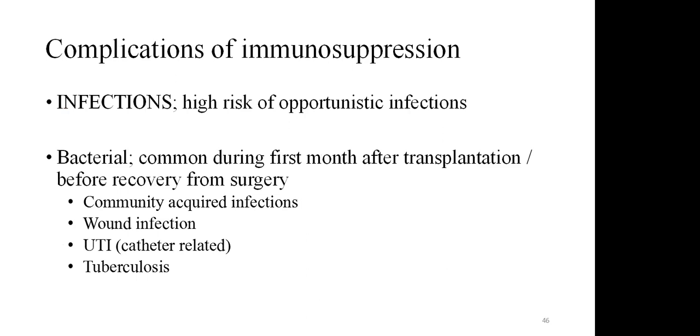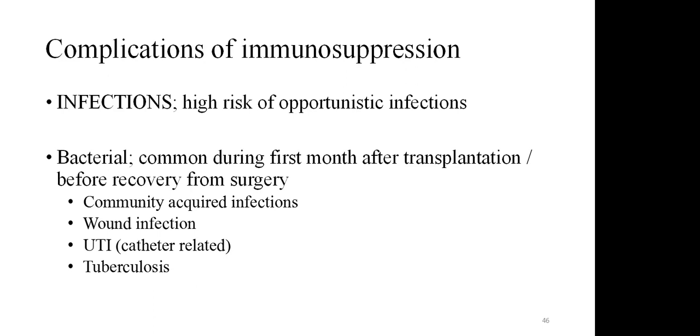Complications of immunosuppression: we have infections, as we have mentioned earlier. Some of these agents target the lymphocytes, and by extension the B lymphocytes, which are the chief cells of the adaptive immunity. So these patients are predisposed to lots of opportunistic infections.